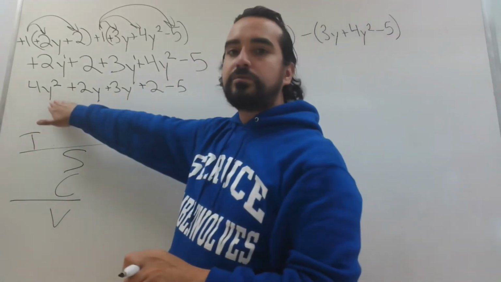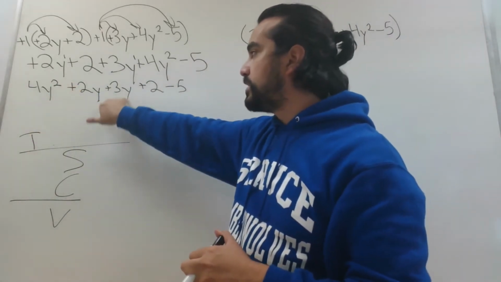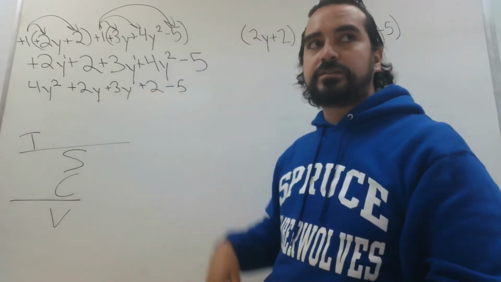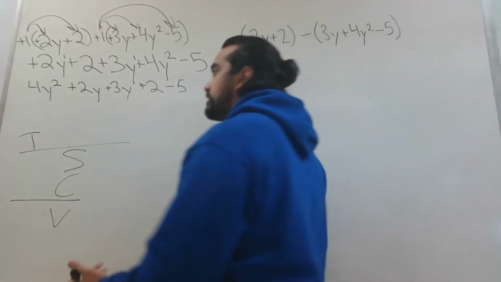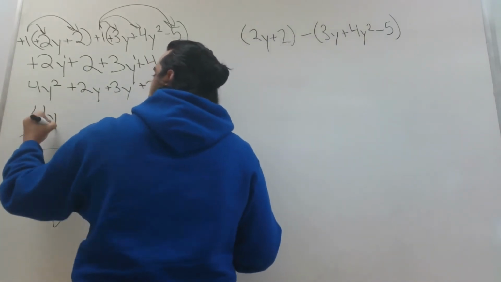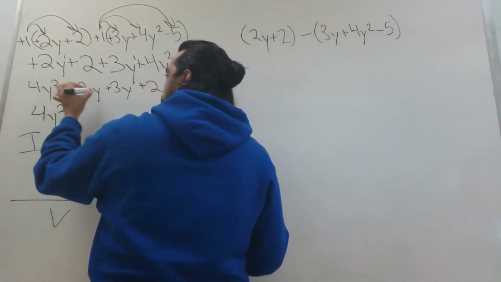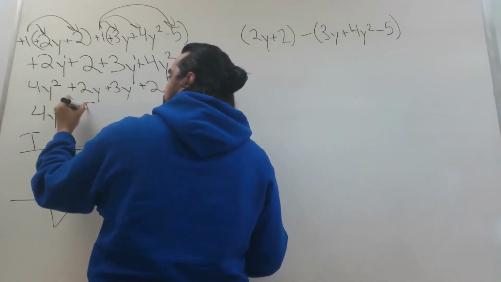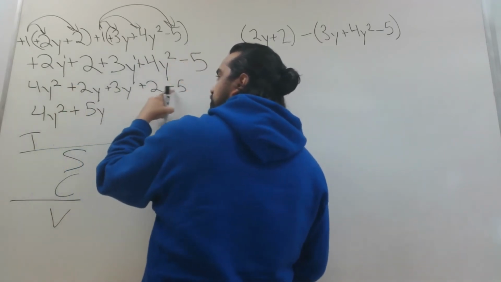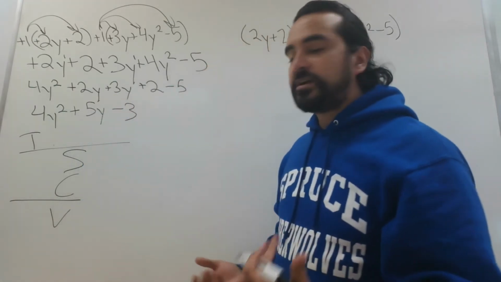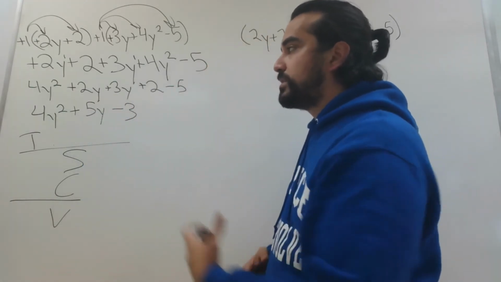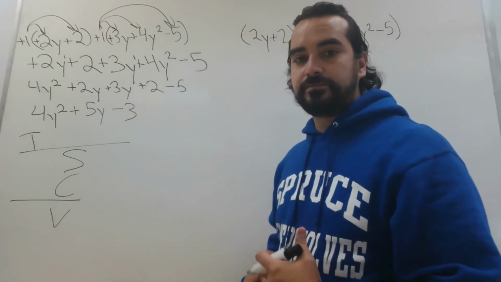So I have a y with a degree of 2, 2 y's with a degree of 1, and then 2 constants. Now we can combine like terms. So we have 4y², positive 2y plus 3y gives you positive 5y, positive 2 minus 5 gives you negative 3. So my final answer is going to be 4y² plus 5y minus 3.